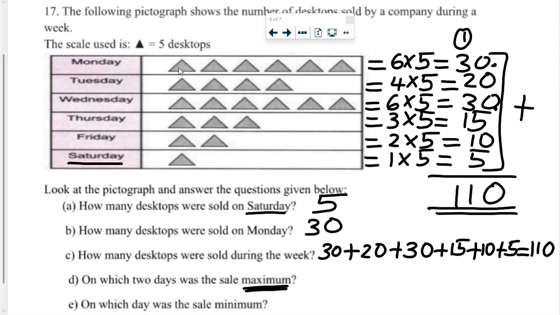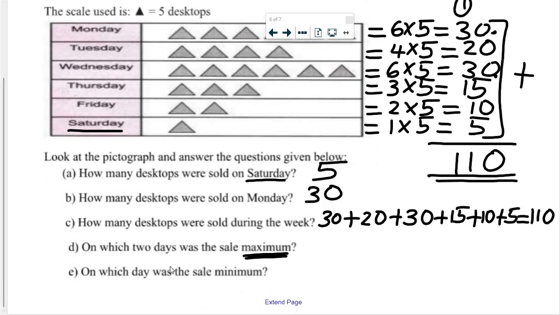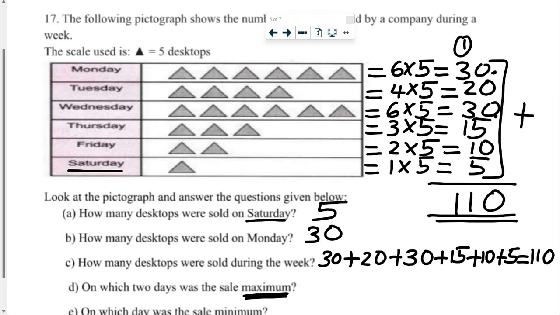Where do you see many symbols? You can see it on Monday, 1, 2, 3, 4, 5, 6. And on Wednesday, 1, 2, 3, 4, 5, 6. So where you see many symbols is where you get the maximum sale. So on which 2 days? It was on Monday and Wednesday.